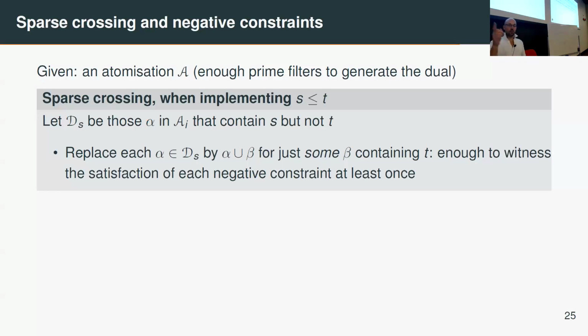So in practice, you want to always apply a sparse crossing, just considering any negative constraint if there is any. Because if you do this, so you're just keeping one or two of these, it's a small number, then you'll manage to be creating big collapses without exploding the number of generators.